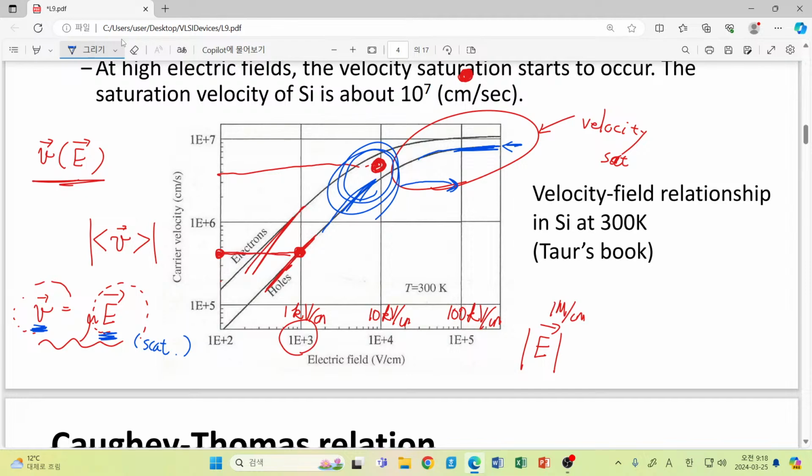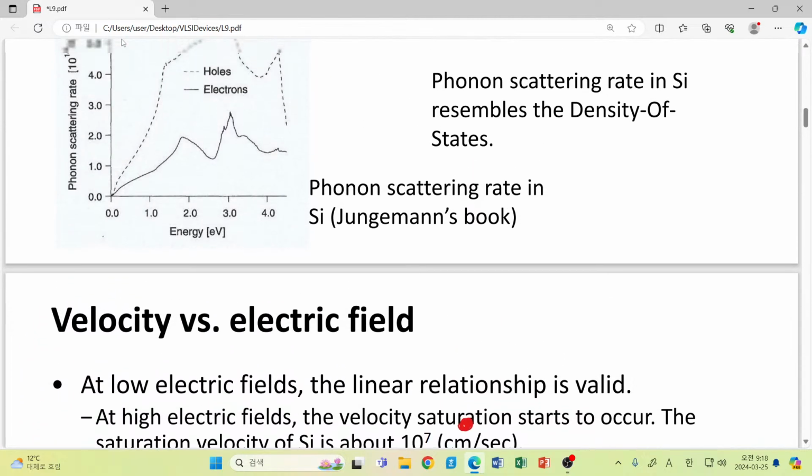Only when we go to very high electric field, then this terminal velocity does not increase any further, and that is saturated, and its value is about 10 to the 7 centimeter per second. That is the one I wanted to say.